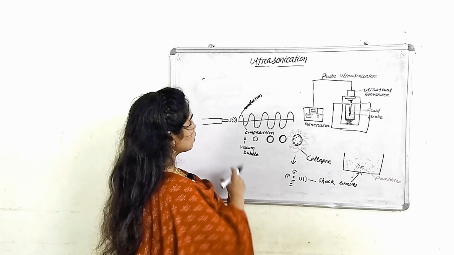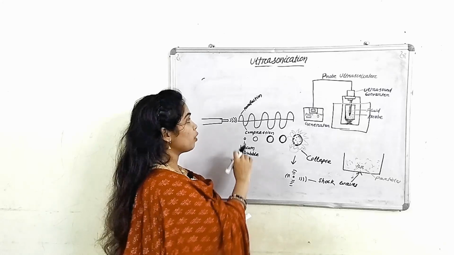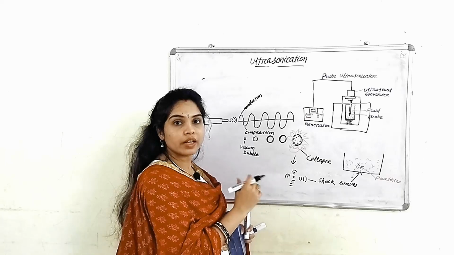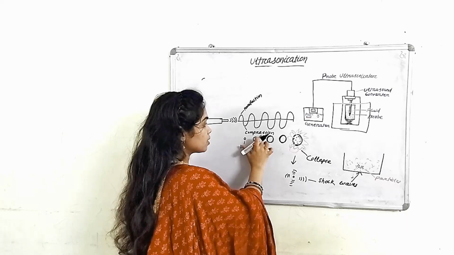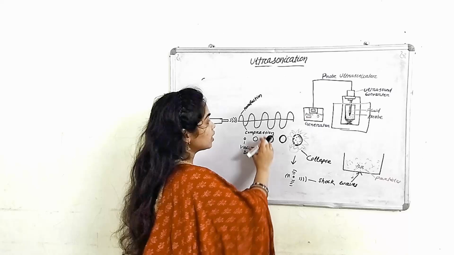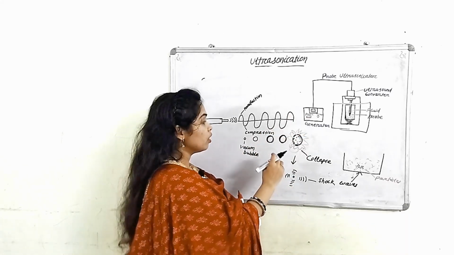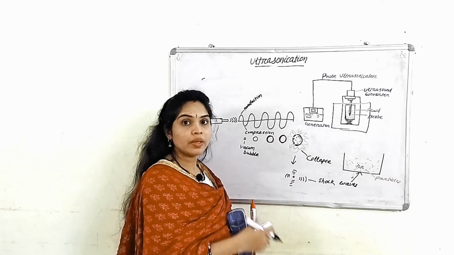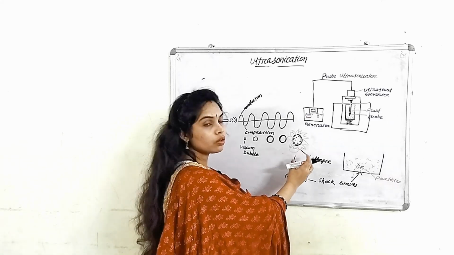Meaning, what happened? The high frequency sound wave will come. This high frequency sound wave comprises high pressure and low pressure cycles. In each low pressure stage, tiny vacuum bubbles are formed, and with the increasing of this sound wave, the bubble size also increases, and finally a stage will come when the micro bubble will be unstable, meaning it will not be able to absorb energy, and finally it will collapse.